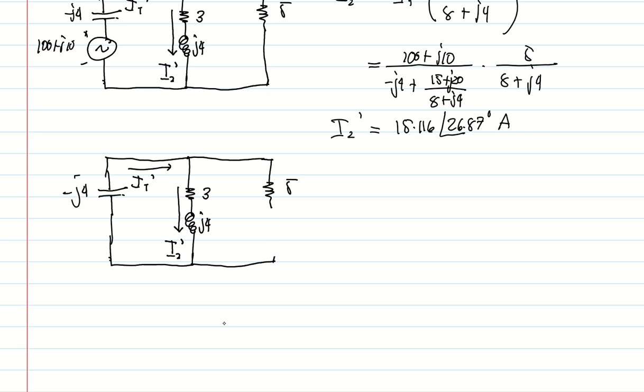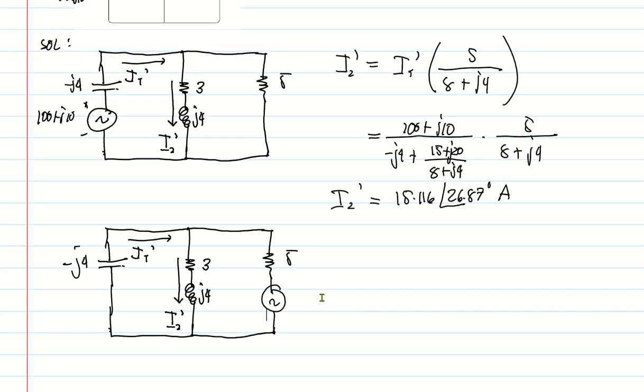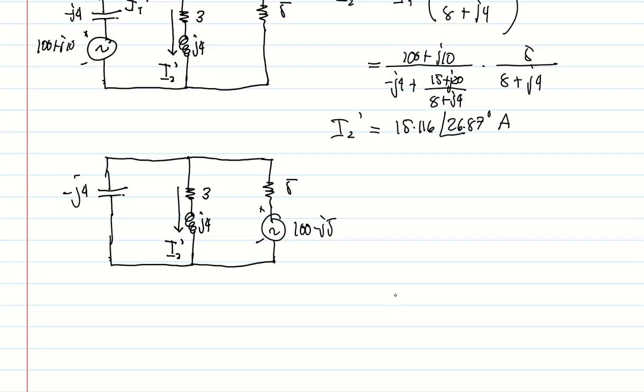Then we bring back the voltage here, which is 100 minus j5. Then we repeat the process. We solve again for I2, but this time instead of I2 prime, we use I2 double prime. And the total current we can call I total double prime.